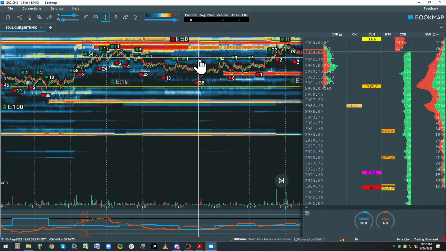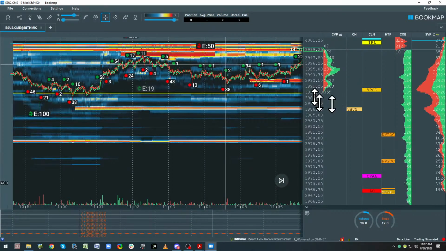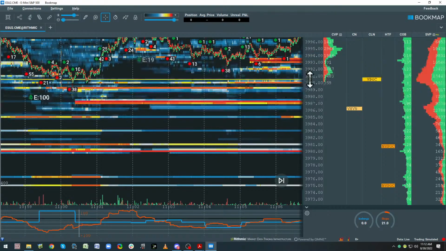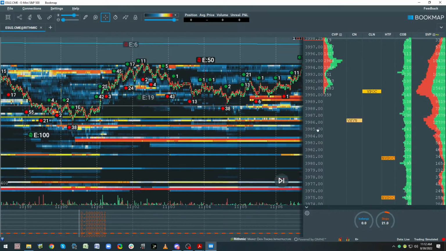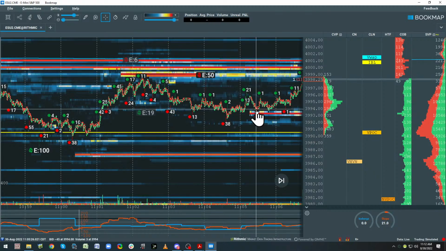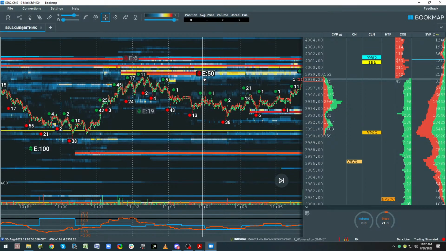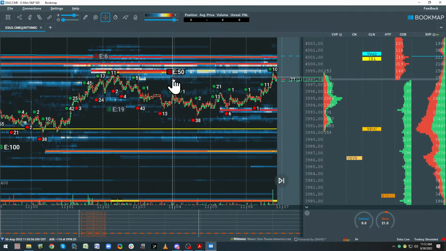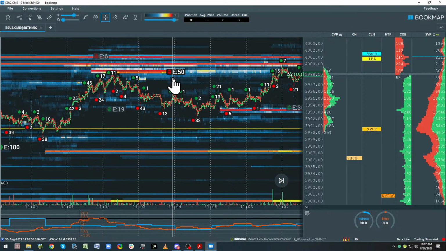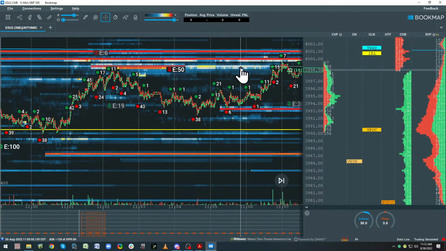Now, let me take you into the structure again. I've got to open it up for you. I hope you're getting something out of this, because if you can understand how to read the language, I think you are way ahead of the pack. Because most retail traders are in the indicator business. They don't understand how the market works. They think it's plug and play. Unfortunately, not so much, in my humble opinion.